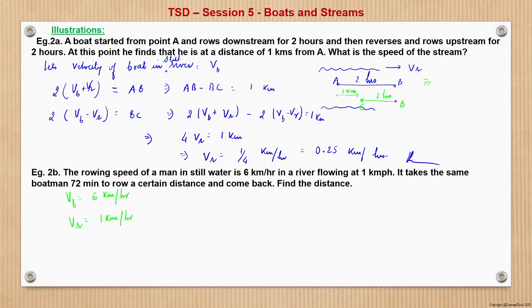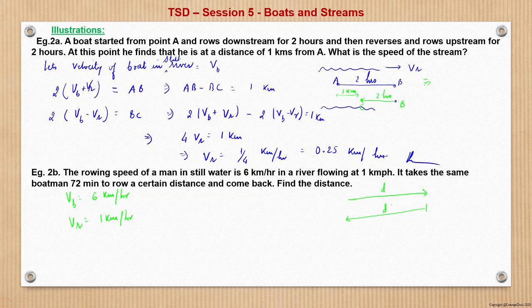It takes the same boatman 72 minutes to row a certain distance and come back. That means from point A to B and then from B to A, for the same distance, it takes a total of 72 minutes. So find the distance.